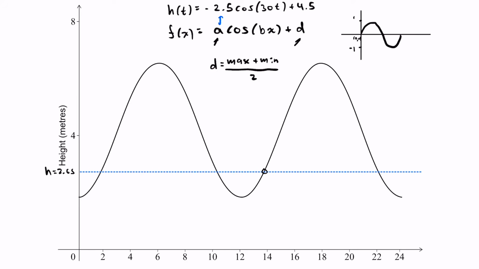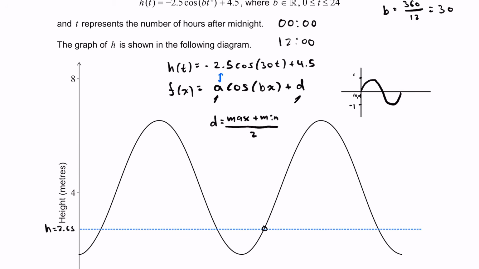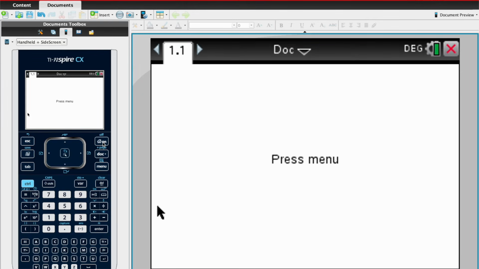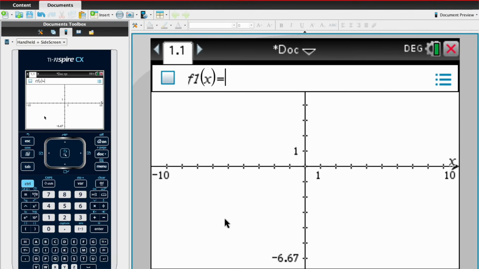So for this, we can do a few things. We can use nsolve creatively, or we can graph this function. I'll show you both. Okay, so to do this in either case, we're going to need this function right here. So let's go into the calculator and work this out. We'll go into our graphing calculator first.